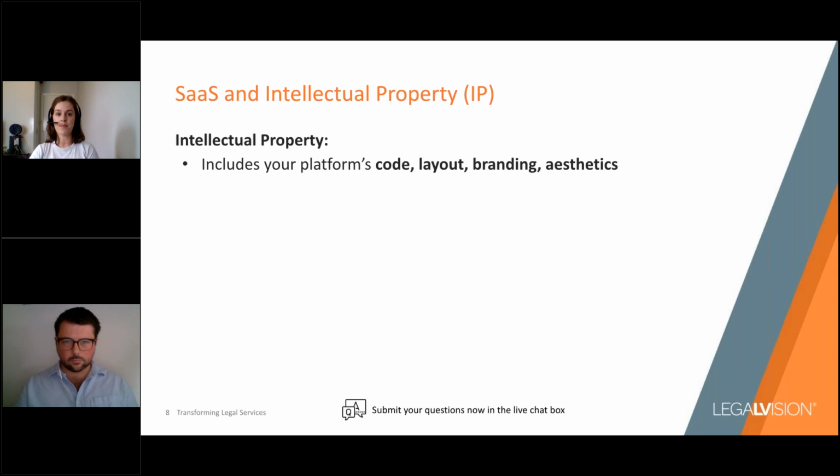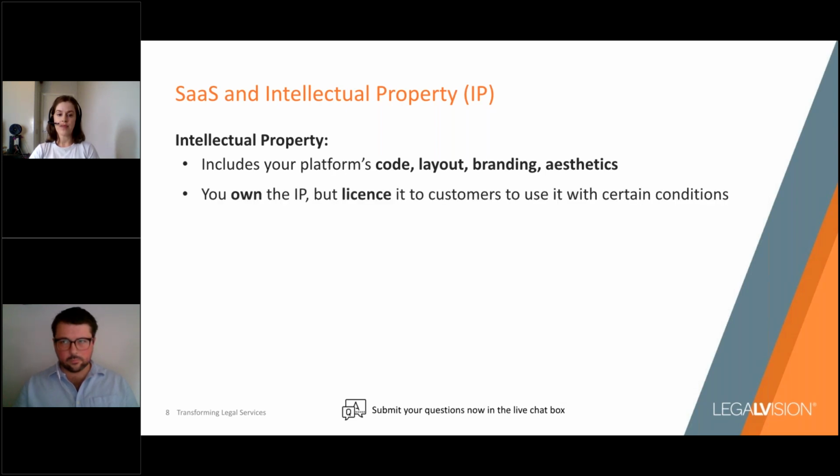So it's really important to make sure it's protected, and you can do this contractually through your SaaS agreement. As the owner of the IP, you can also choose who gets to benefit from your IP, and you can put in restrictions around usage. So typically your SaaS agreement will set out that you own the IP in your SaaS platform, and that you give a license or permission to your customers to use the platform. But only on certain conditions.